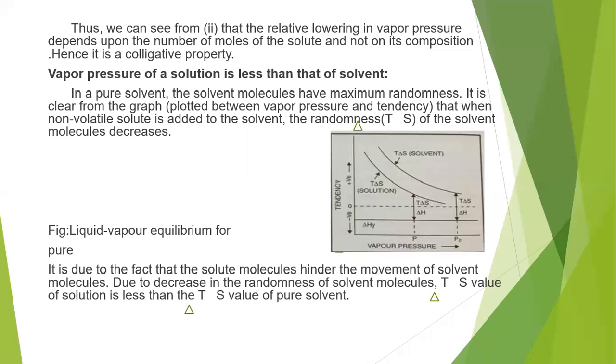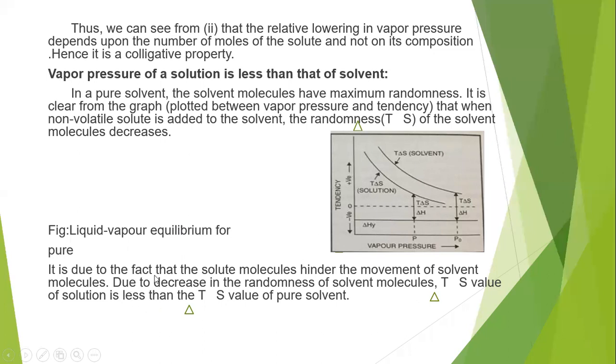If you add a non-volatile solute, so that it turns into a solution, the randomness of the solvent molecules is going to decrease. The randomness we can calculate using T delta S, and we can observe in this graph that it decreases.